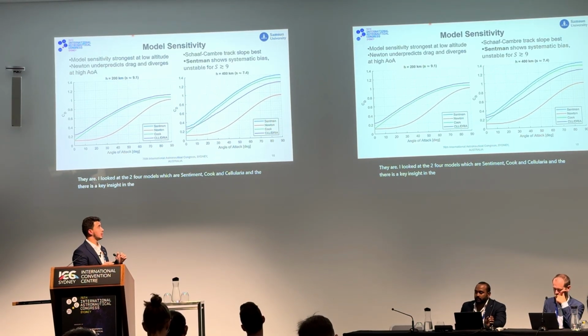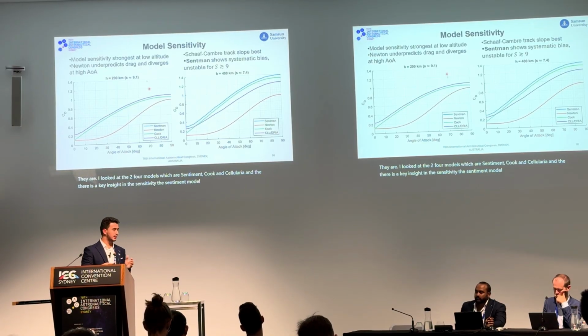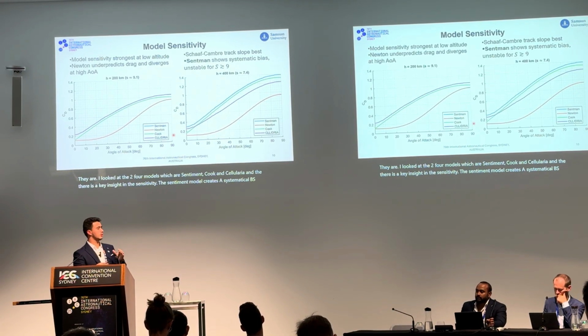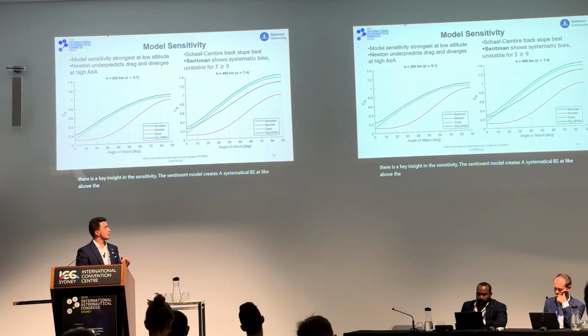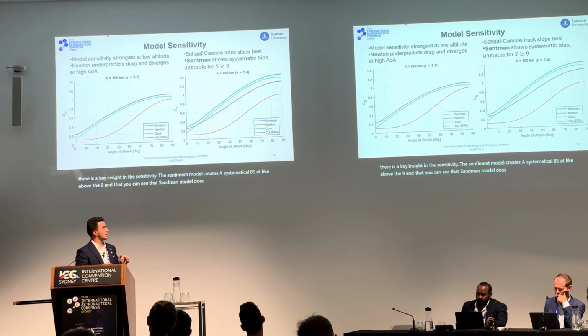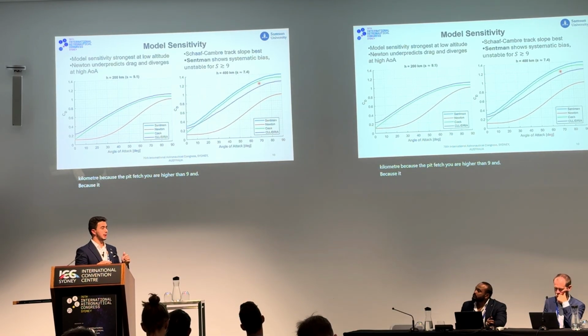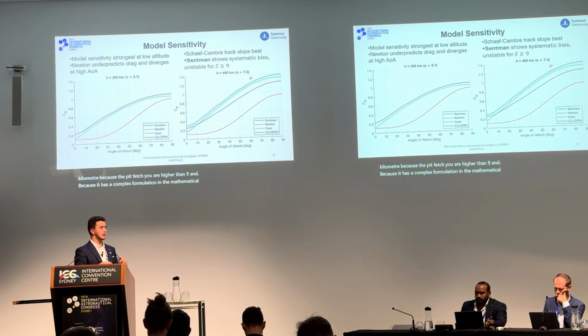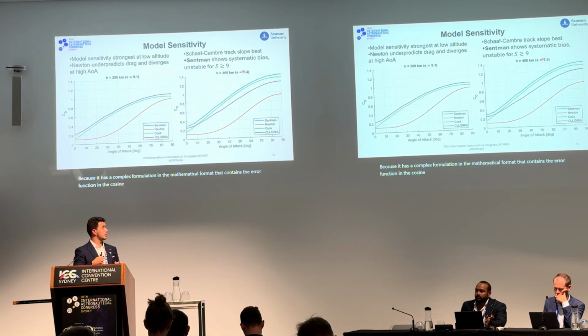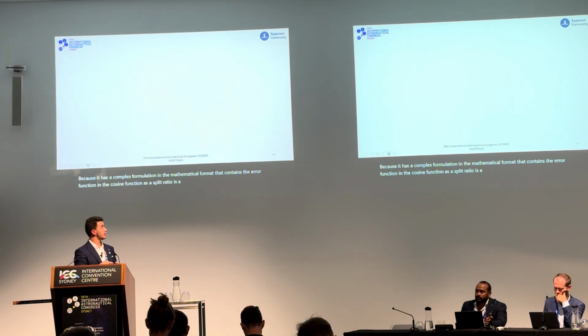The Sentman model creates a systematic bias above a speed ratio of 9, and you can see that the Sentman model does not give a result at 200 km because the speed ratio is higher than 9. It has a complex mathematical formulation that contains the error function and the cosine function, with the speed ratio as a parameter in the formulation.